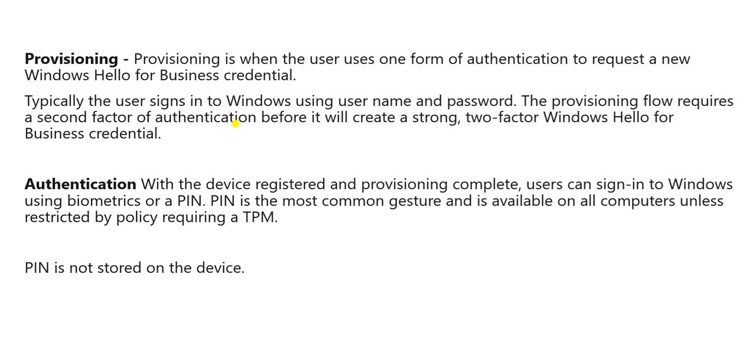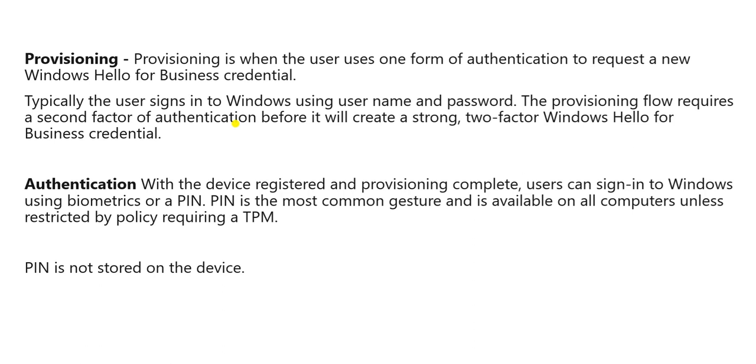Now let's move to authentication, once the device registration and provisioning are completed. The user can sign into Windows using biometrics or a PIN. The PIN is the most common gesture, and it is available on all computers unless restricted by the required TPM.